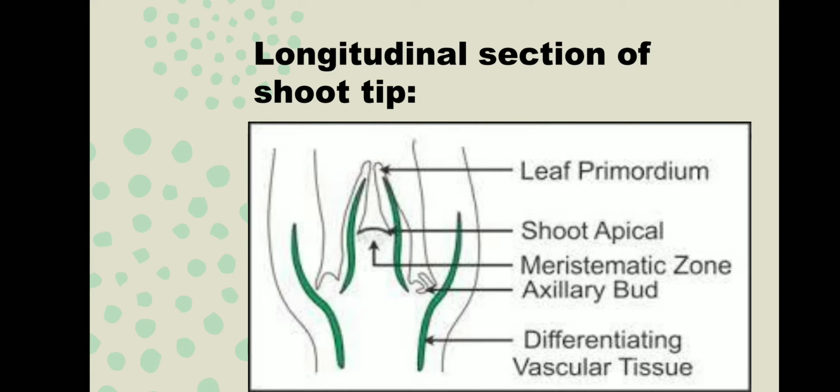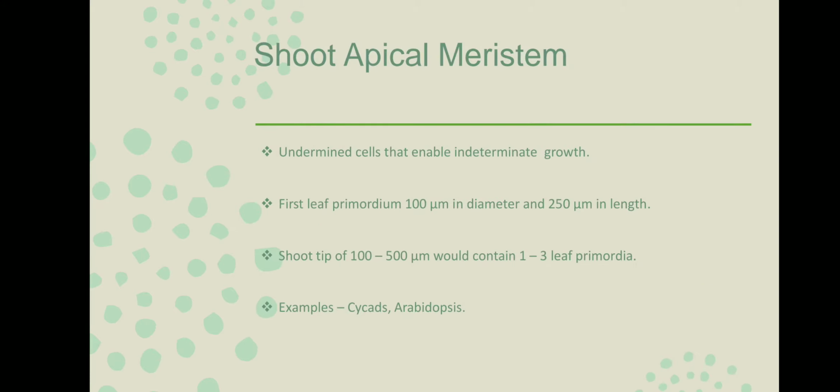If we talk about the size of this shoot apical meristem, it is in the range of 100 to 500 micrometer.